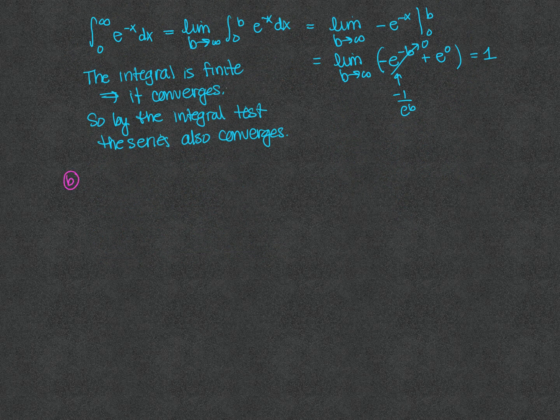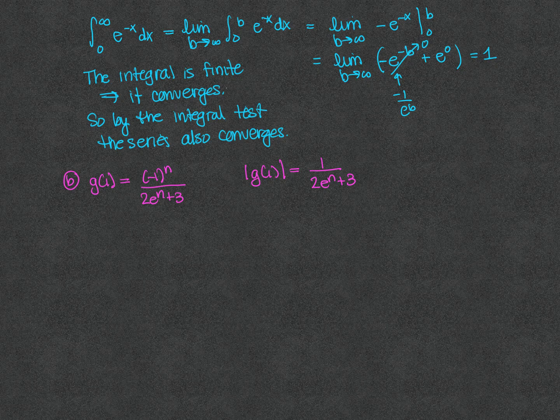So B. g of 1 is equal to negative 1 to the n over 2e to the n plus 3. So the absolute value of g of 1 is just 1 over 2e to the n plus 3.